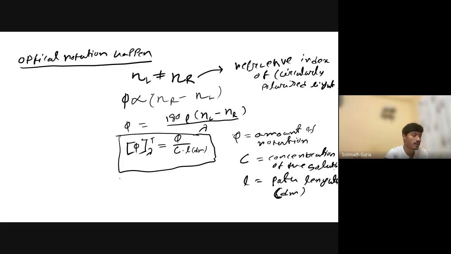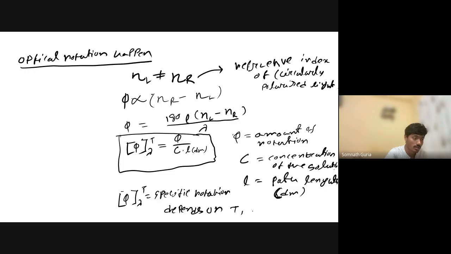And this phi lambda t is called the specific rotation. It depends on the temperature as well as the wavelength which is used.